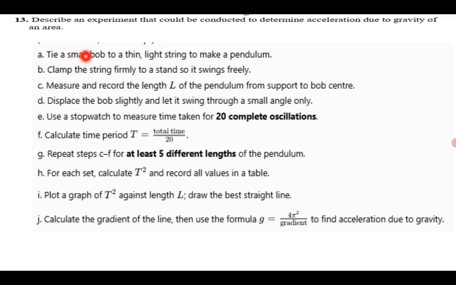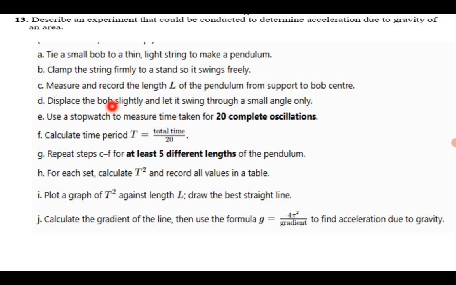You tie a small bob, a small mass, to a thin light string to produce a pendulum. Then clamp the string firmly to a stand so it swings freely.